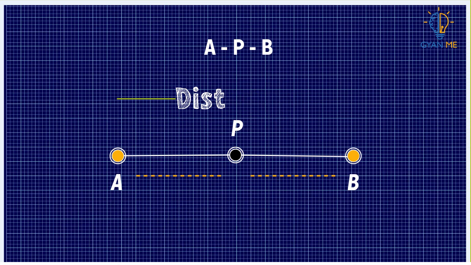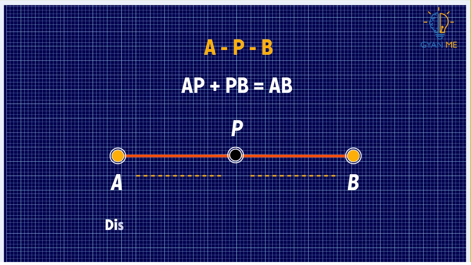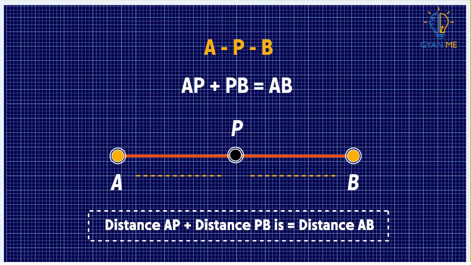Therefore, here in our case, we can say that if A-P-B is collinear, then AP plus PB is equal to AB. That is, distance AP plus distance PB is equal to distance AB. Students, for any given points, if this condition is satisfied, then we can say that the given points are in one line or collinear.